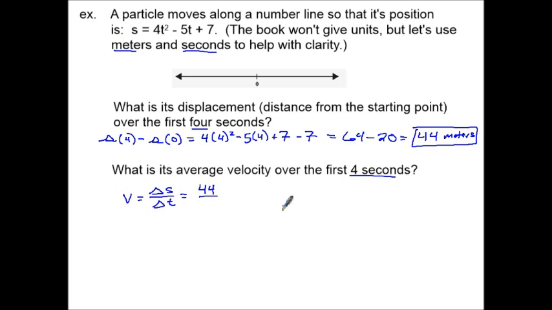Clearly, this is 4 seconds for my delta t. From 4 to 0, we can count that as 4. And a quick little division gives 11. Unit-wise, it's important to consider the velocity here: meters on top because we're talking position, and seconds for time. So this is 11 meters per second as our average velocity.